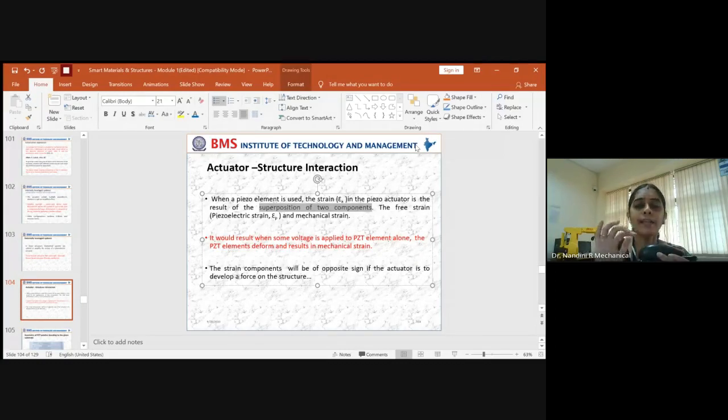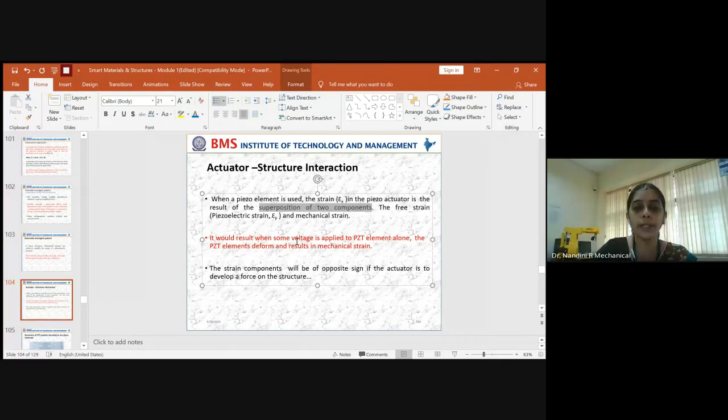In that, the strain which is generated in the actuator or the piezoelectric element is called the free strain. And the mechanical strain is the strain which has been induced in the structure on which the given actuator is resting. So you will be having two elements.